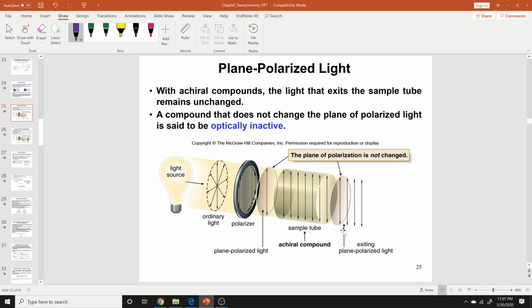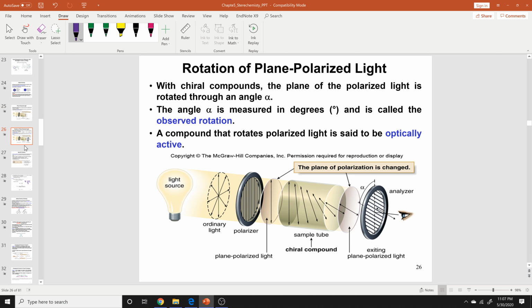Then we say that the molecule is optically inactive, meaning that it's incapable of rotating the plane of polarized light. The terms optically active and optically inactive are reserved for rotating the plane of polarized light. Remember that compounds that are chiral, meaning that they have mirror images, are optically active. They are capable of rotating the plane of polarized light by an angle alpha.